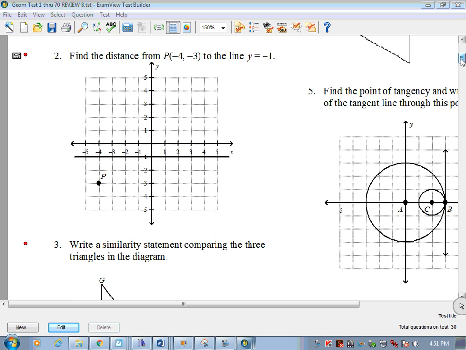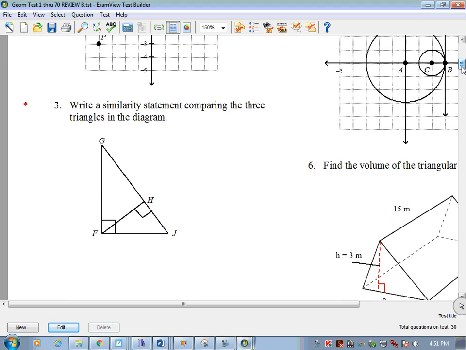All right, number 3. Write the similarity statement comparing the 3 triangles in the diagram. When I have a right triangle with a perpendicular line going from the hypotenuse to the opposite vertex, see that that's perpendicular, what I've created is 3 similar right triangles.